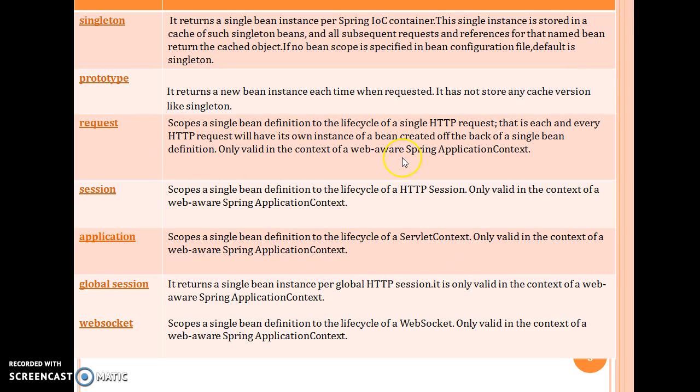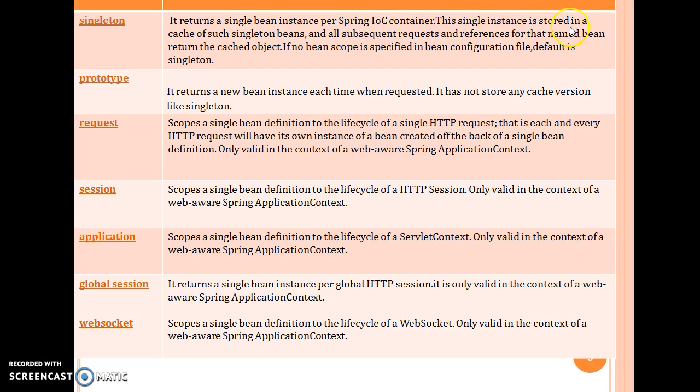So this is the discussion about each scope. Singleton returns a single bean instance per Spring IOC container. This is very similar to the singleton design pattern in core Java. But in core Java, with a singleton design pattern you will have a single instance per JVM, while here you will have a single instance per Spring IOC container.